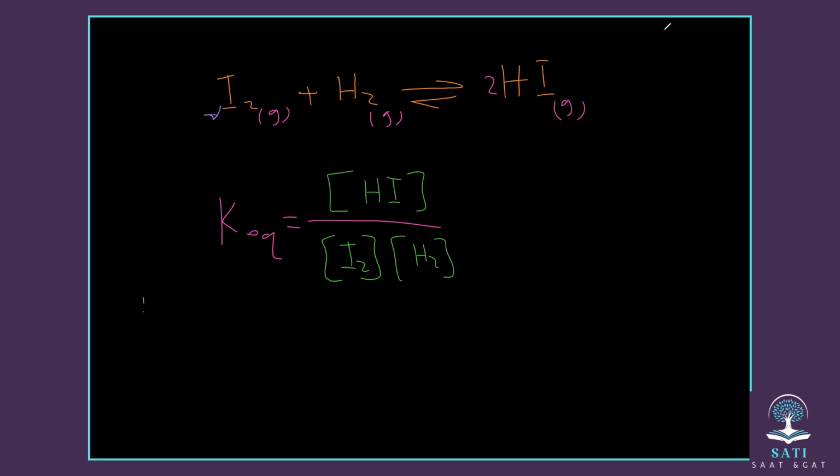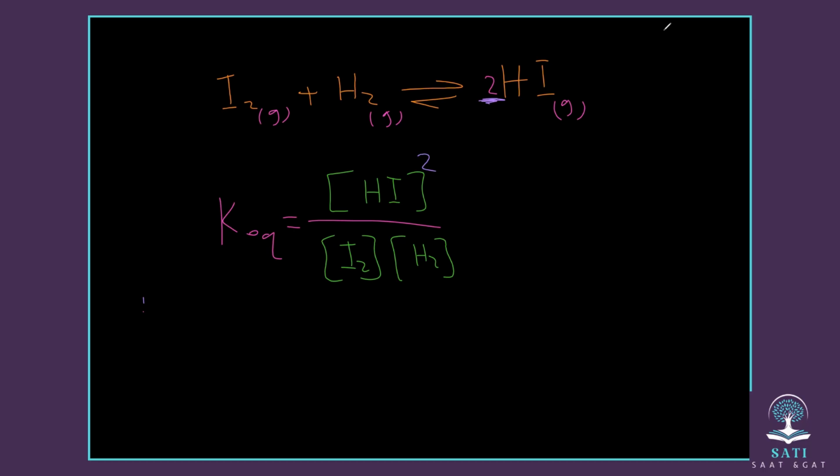What is the number of moles here? 1. So it's not written. It's 1, so we don't need to write 1 here as a power because it is known. But here, as you see, we have the power 2. So you write here 2.